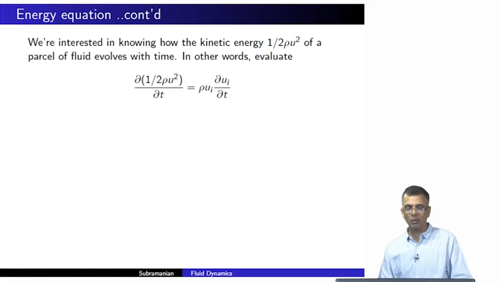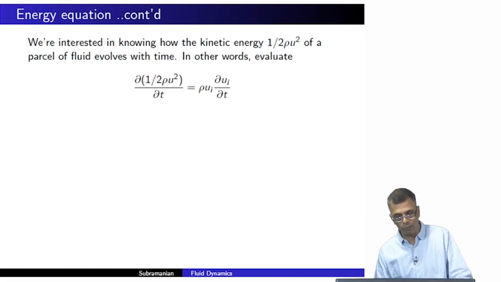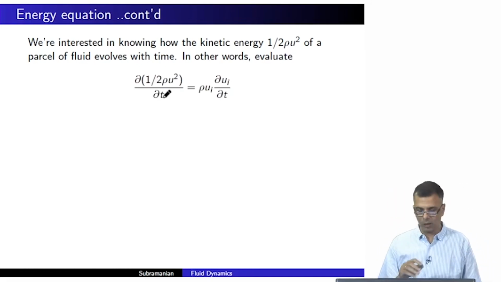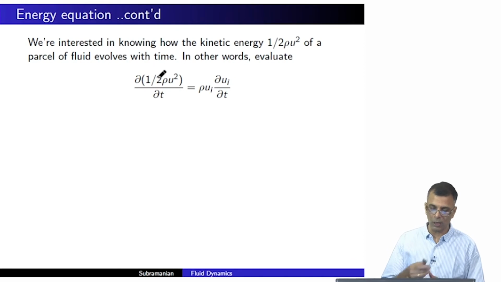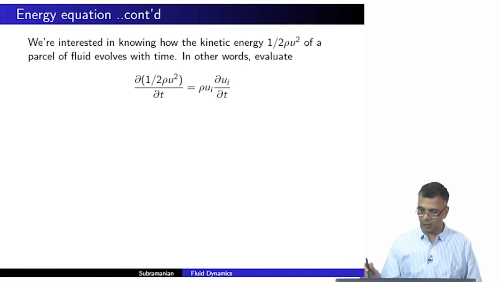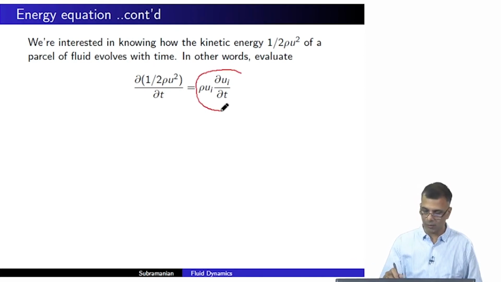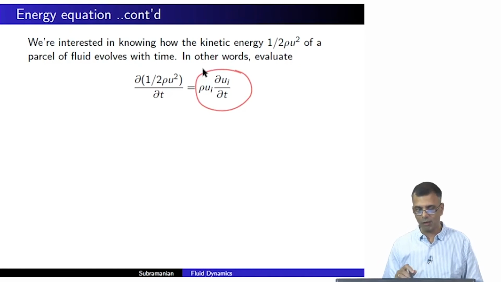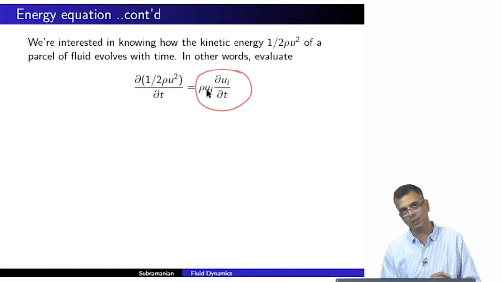So in other words, what we want to evaluate is this quantity, d over dt in the lab frame, as seen by an Eulerian observer, of this quantity half rho u squared. Another way of writing this is this. This is easy enough to see. You see, d over dt of u squared is 2 u du dt, and that's essentially what this is.